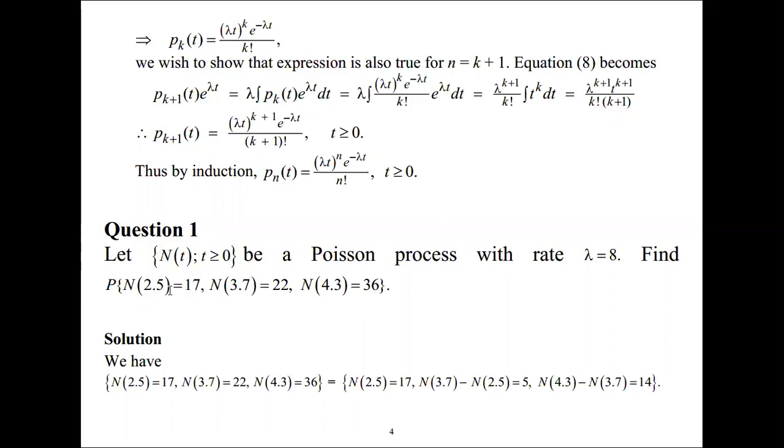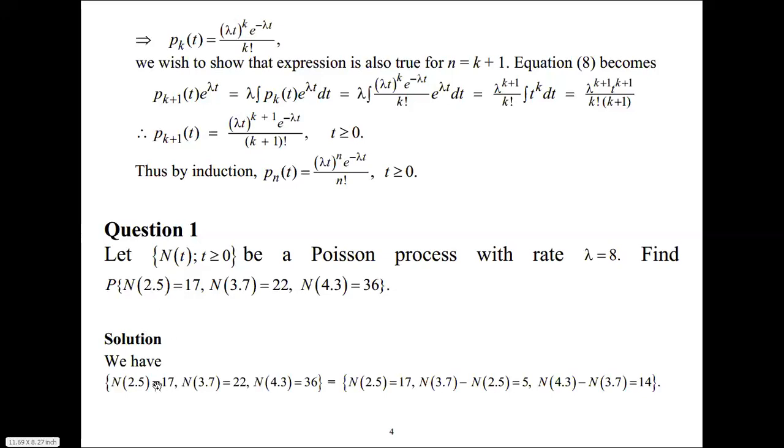But you see that the time frame 0 to 2.5 and 0 to 3.7 also includes 0 to 2.5. So these time intervals are not independent. So we are going to break this time interval into mutually exclusive intervals.